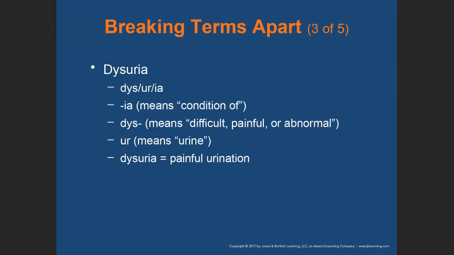Dysuria. So ia means condition of. Dys means difficult, painful, or abnormal. Ur means urine. Dysuria, painful urination.